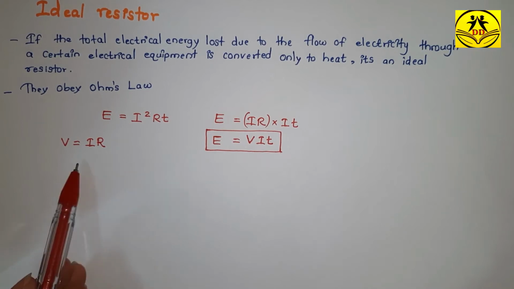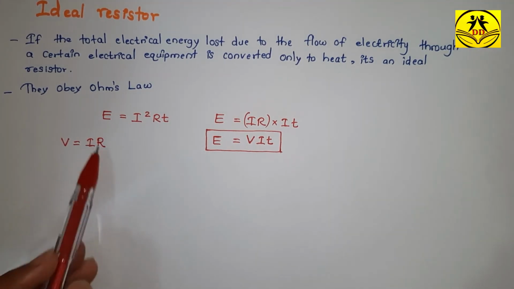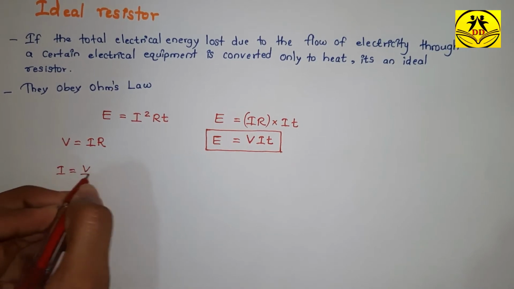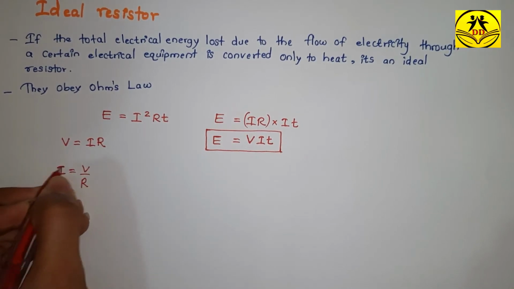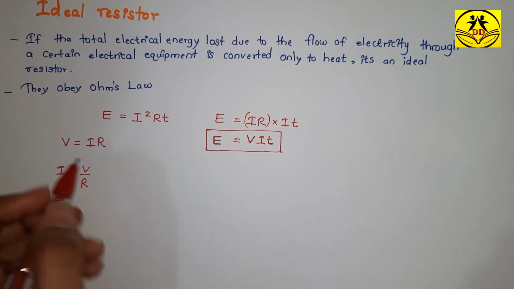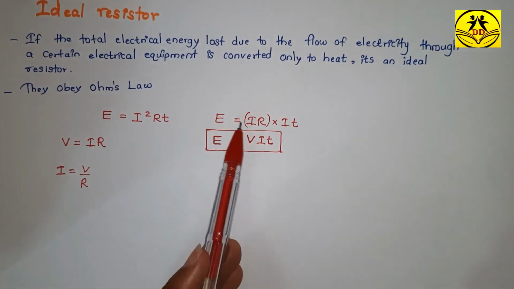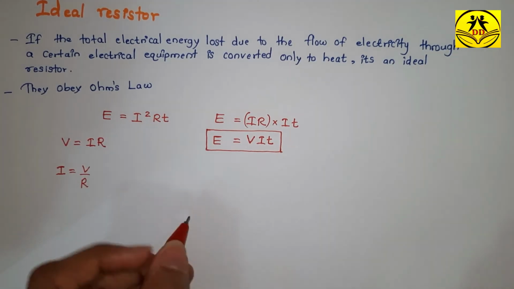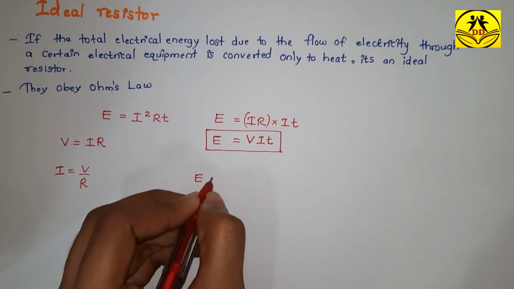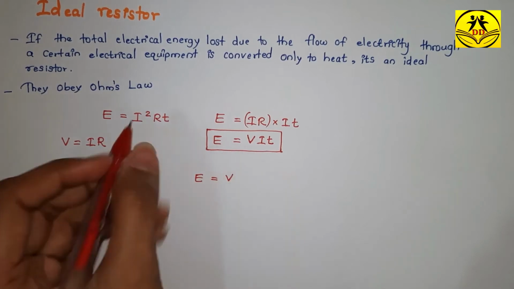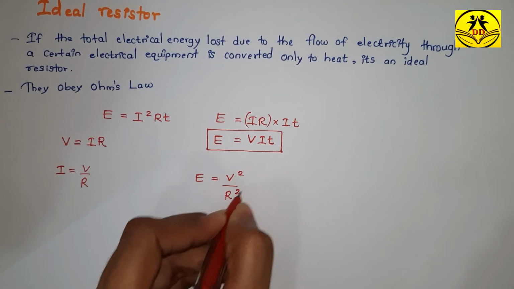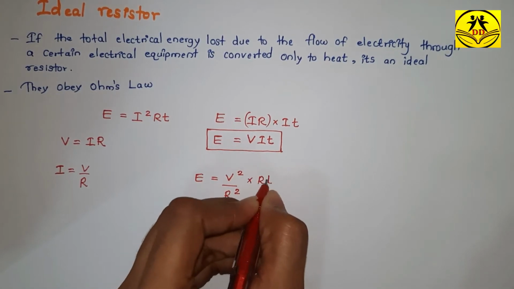Also from this we can subject I here. I will be equal to V over R. So now here, instead of I, we can use V over R. So we can write E equals, since it's I squared, V squared over R squared into RT.